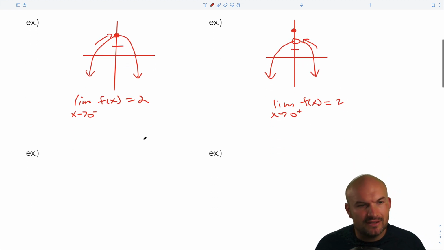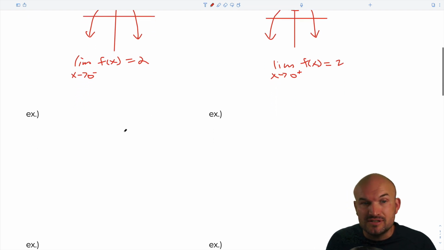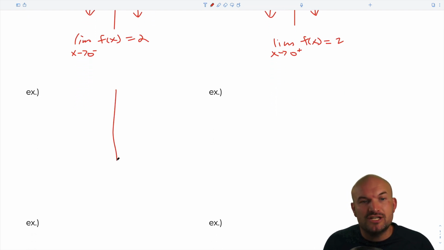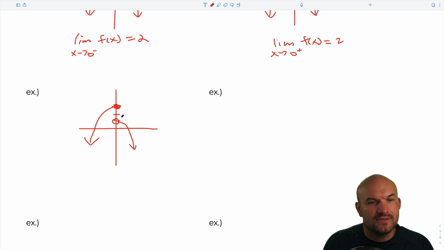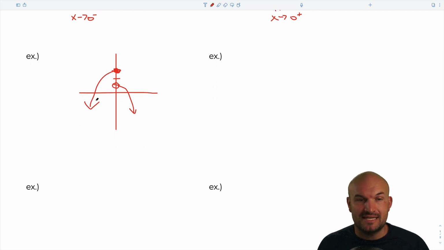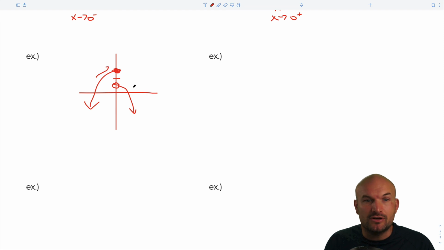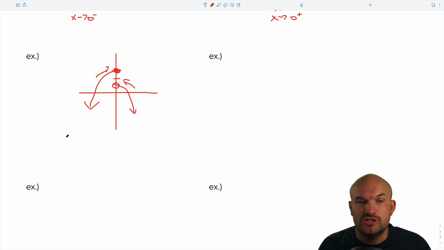Now, the times where things sometimes get confusing for students is when we have a jump discontinuity. Remember, the general limit does not exist. But let's say I had a function that looks something like this. I'm going to do each one-sided limit. Hopefully you recognize that in this case the general limit does not exist, because from the left I'm approaching 3, and from the right I'm approaching 1.